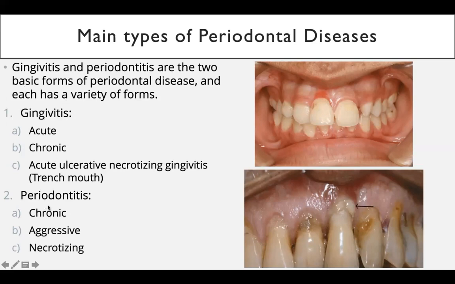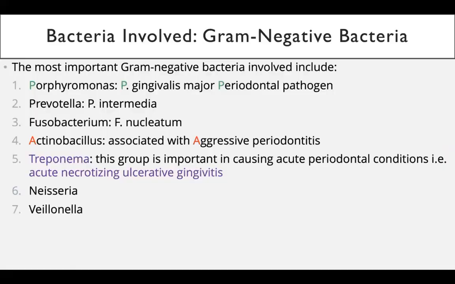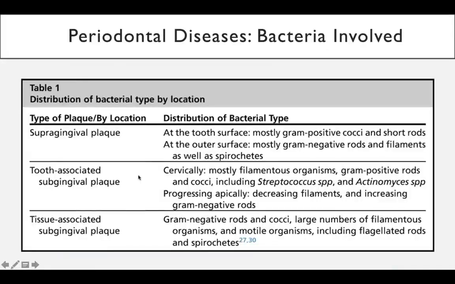And periodontitis can be chronic, aggressive, and necrotizing. Anyone remember what aggressive periodontitis is caused by? Actinobacillus. Perfect. Yes, good.